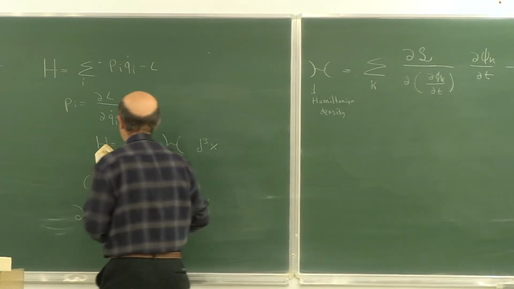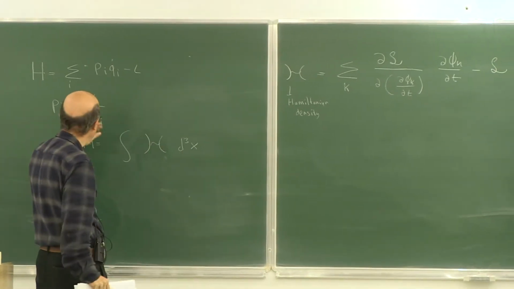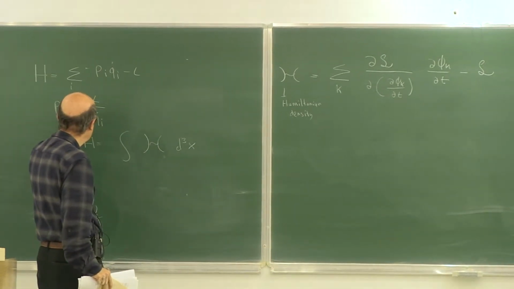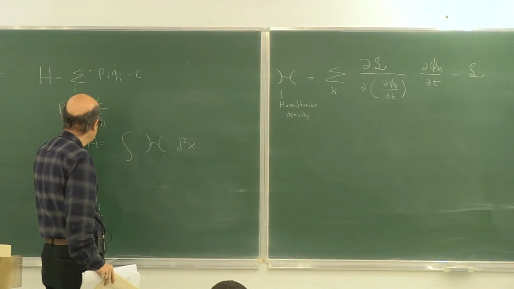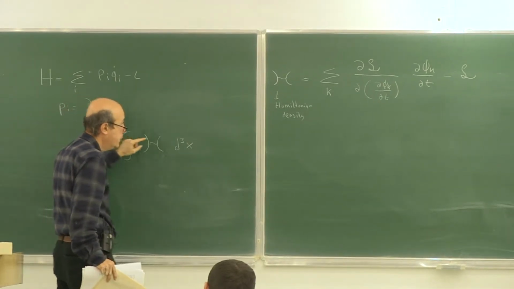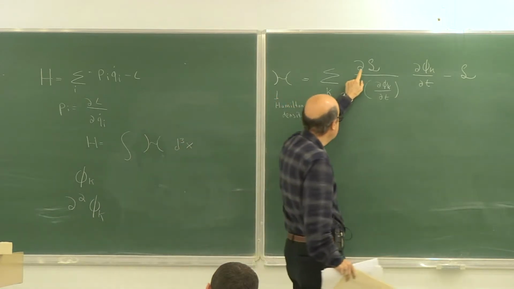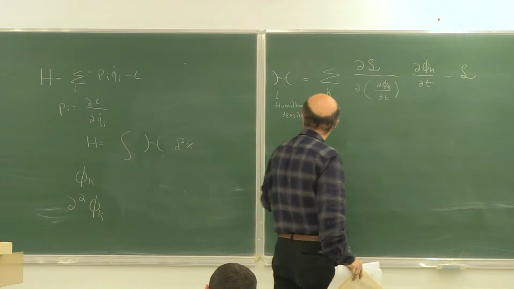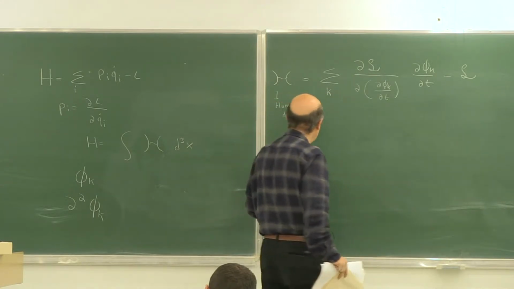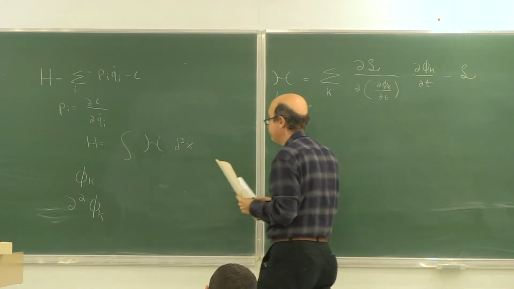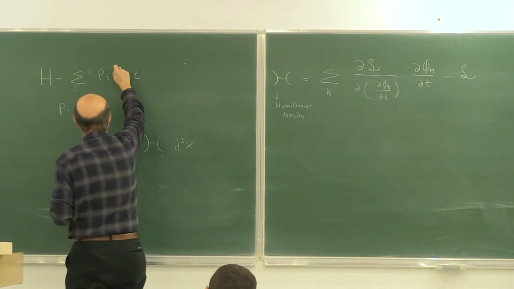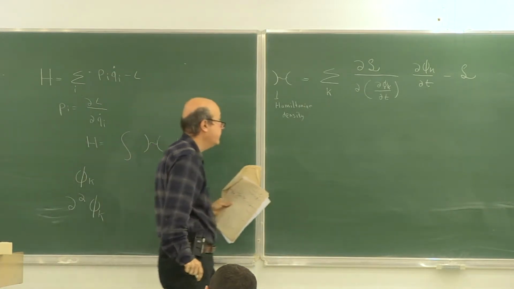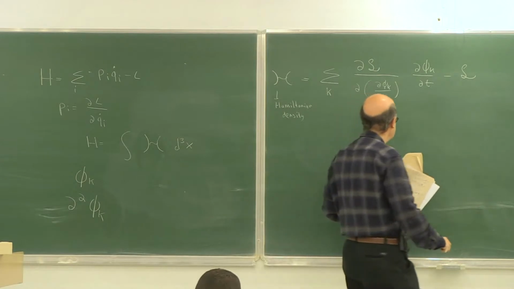So let us look at the analogy between them. The derivative of the Lagrangian with respect to Qi dot is replaced by the derivative of the Lagrangian density with respect to the derivative of the field with respect to the time. And Qi dot is del phi over del t.